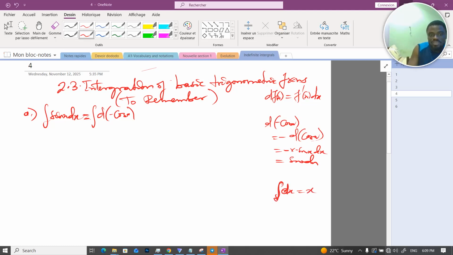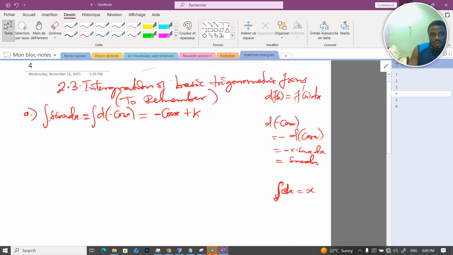So if I integrate this, it will simply give minus cos x plus our constant of integration, because this minus cos x is seen as a big X. So the integral of d of big X is simply big X plus the constant k.